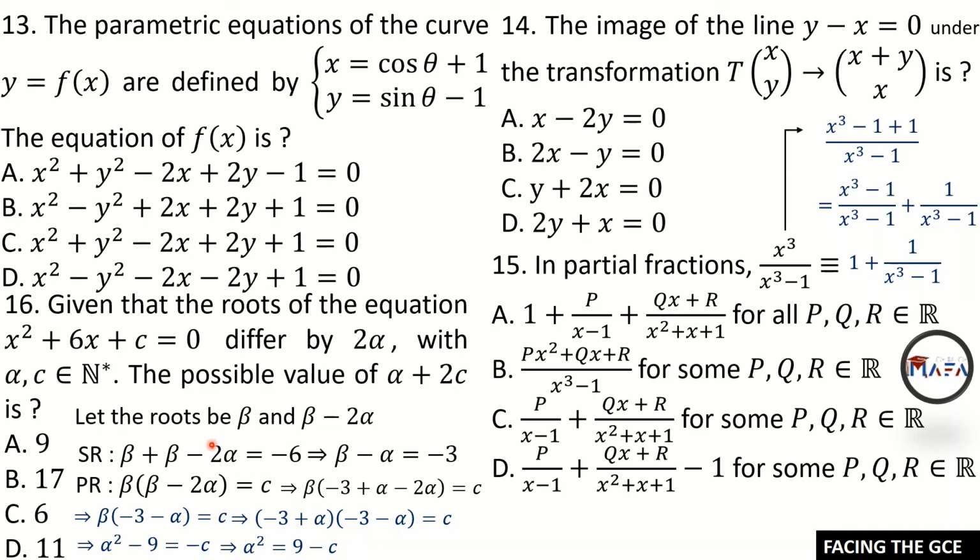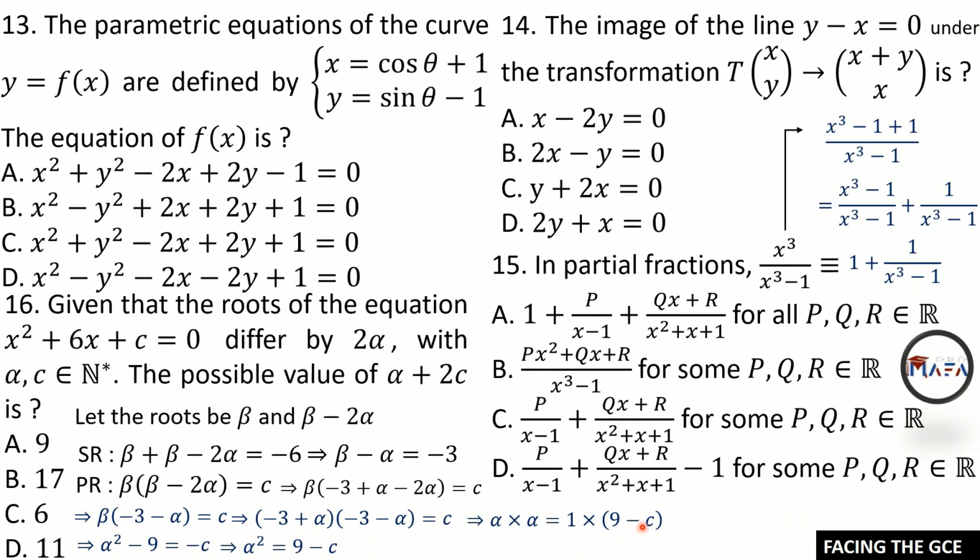Now getting back to our equation, we're being told that alpha and c are natural numbers. So alpha squared will definitely also be a natural number, and 9 minus c will also be a natural number, because c being a natural number and you're taking a natural number minus another natural number, you also get a natural number. So what I'm going to do is write alpha squared as alpha times alpha, and I'm going to write 9 minus c as 1 times 9 minus c.